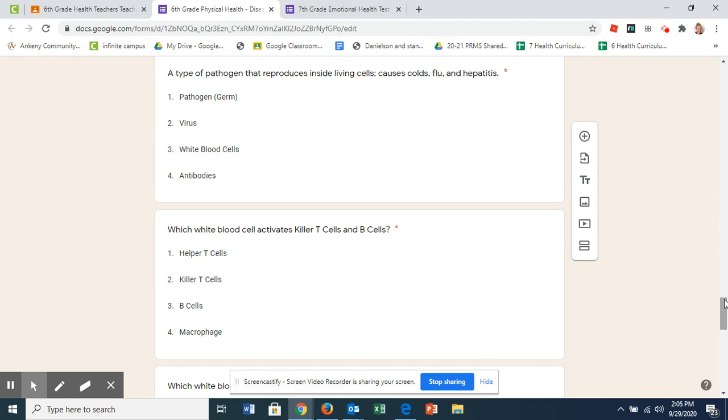Next definition. Which white blood cell activates killer T cells and B cells? 1. Helper T cells. 2. Killer T cells. 3. B cells. 4. Macrophage.